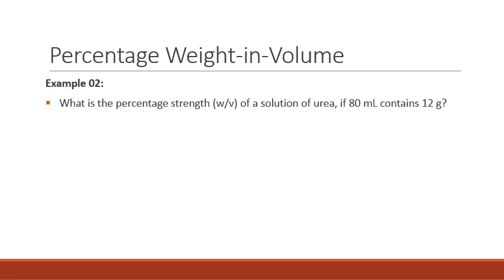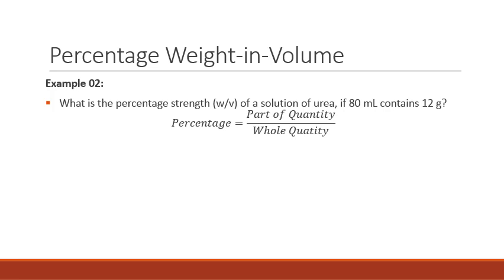What is the percentage of urea in this preparation? As you know, the formula is percentage equals part of quantity divided by whole quantity. We have been given the part of quantity, that is 12 gram, and the whole quantity, that is 80 ml.